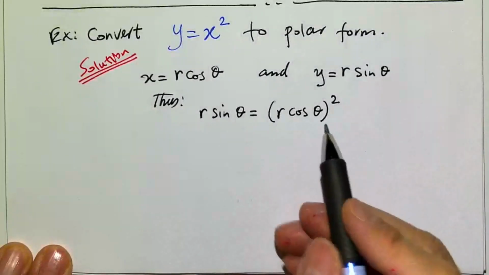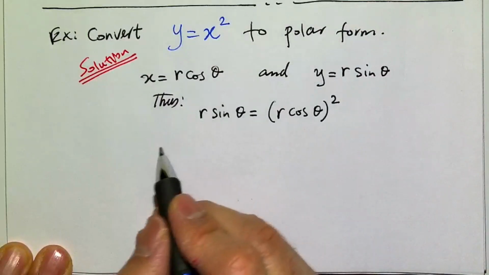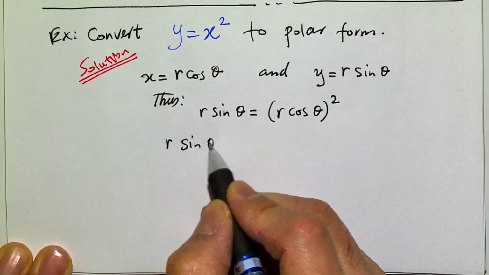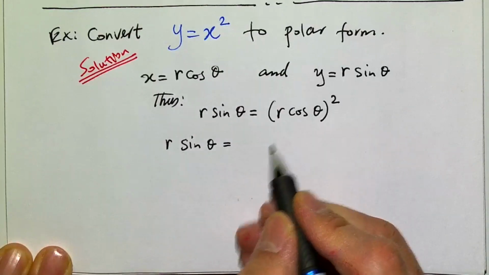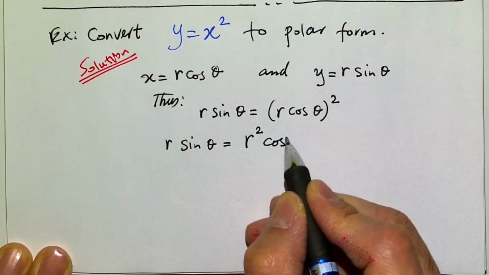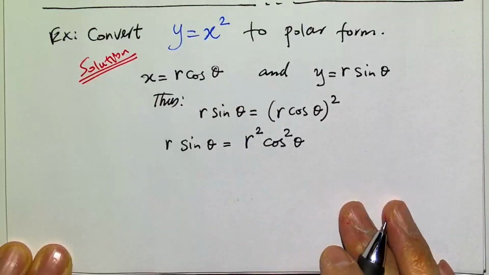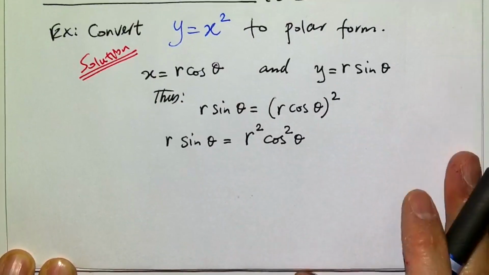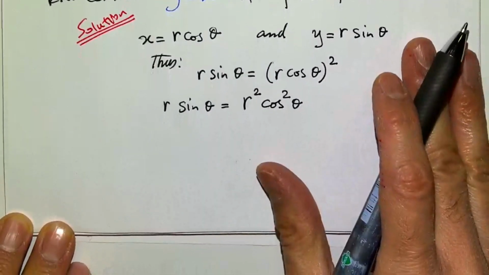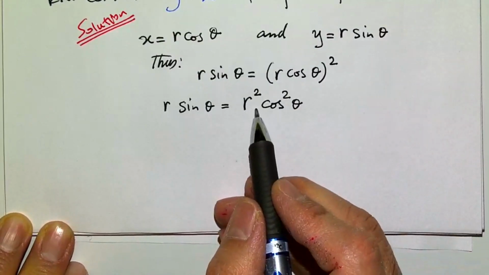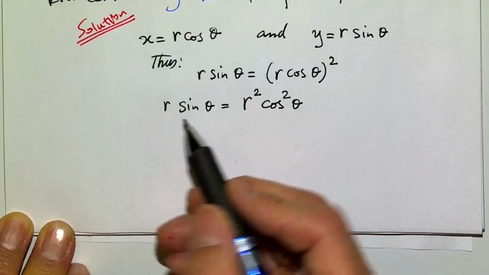So then if we distribute the power, what do we get? On the left we still have r sine theta. Then distribute this, what do we get? r squared times cosine squared theta, right? So we're almost there. We almost have our polar equation. So let's move this r sine theta to this side.